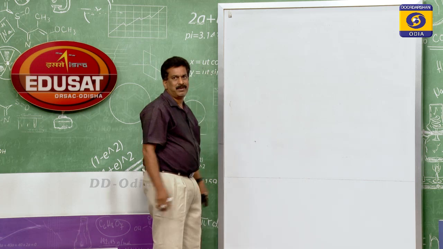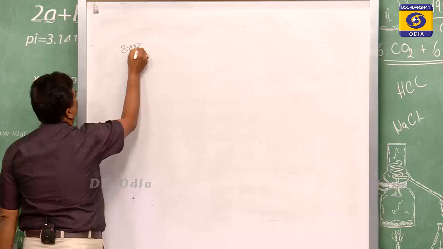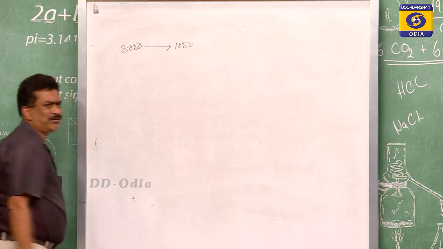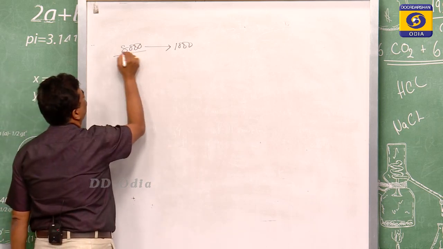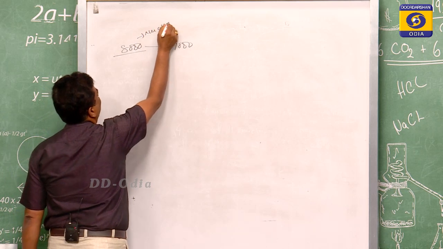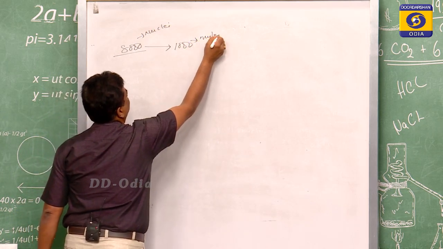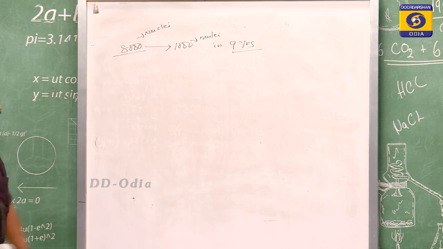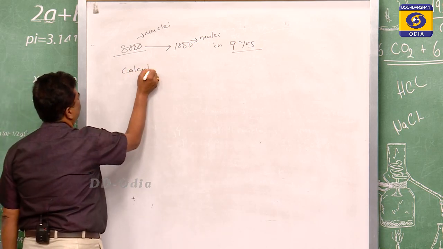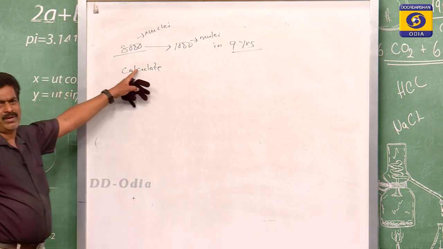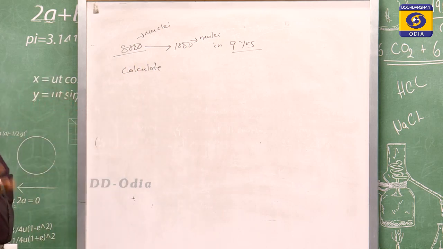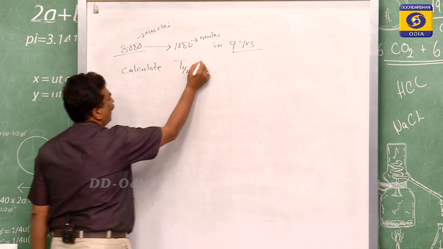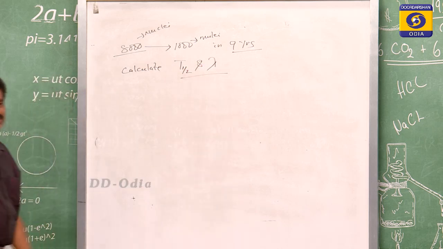I said that if 8000 nuclei decay to 1000 nuclei in 9 years, just think over what I gave in the last class and calculate the half life and the decay constant. That was the question.